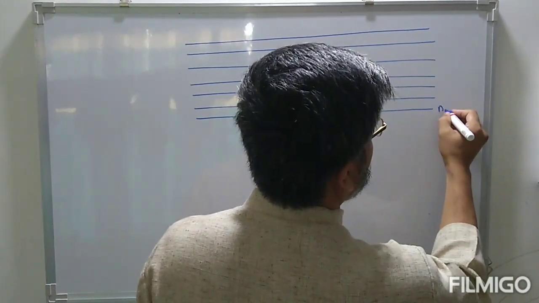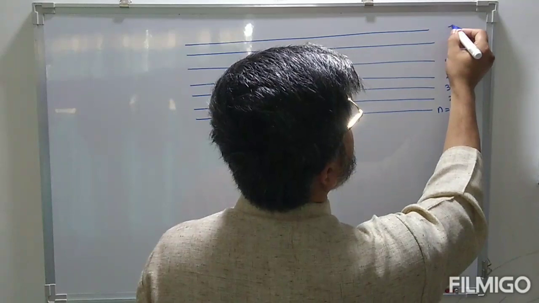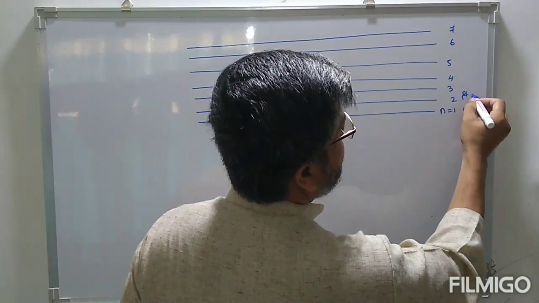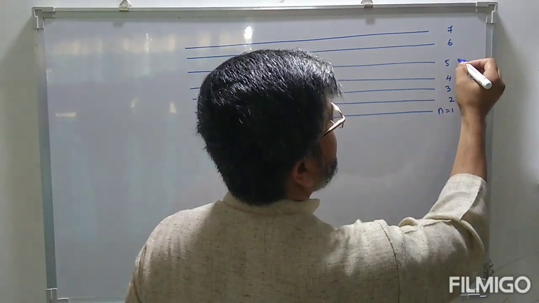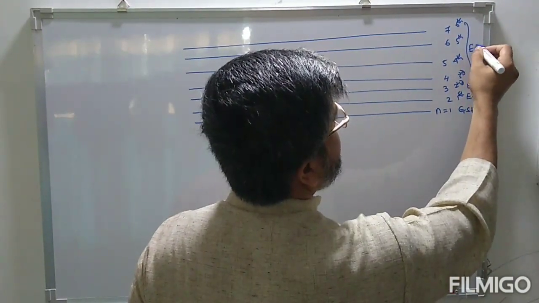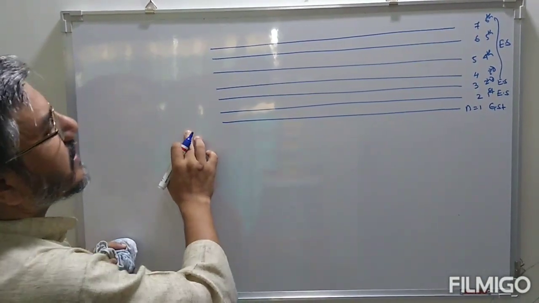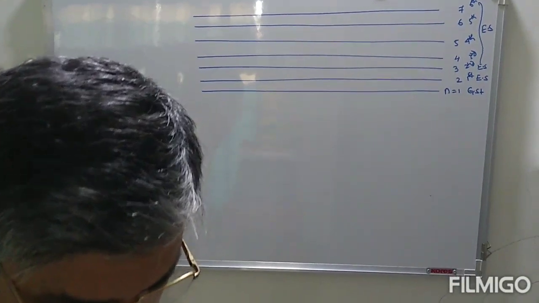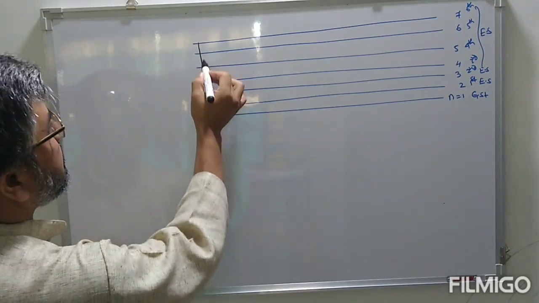Suppose n equals 1, 2, 3, 4, 5, 6, 7. This n equals 1 is known as the ground state. This is the first excited state, second excited state, etc. This is the third, fourth, fifth, sixth excited state. This is the ground state, the lowest. Now, the electron may be coming from this excited state, any of these excited states, to this ground state.